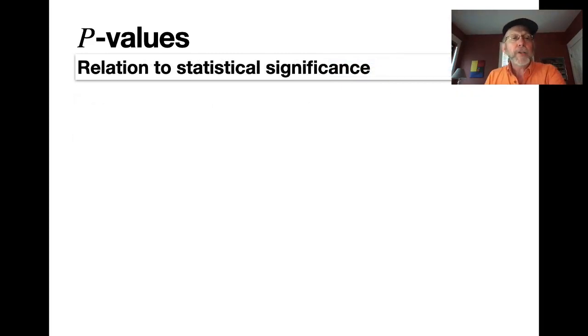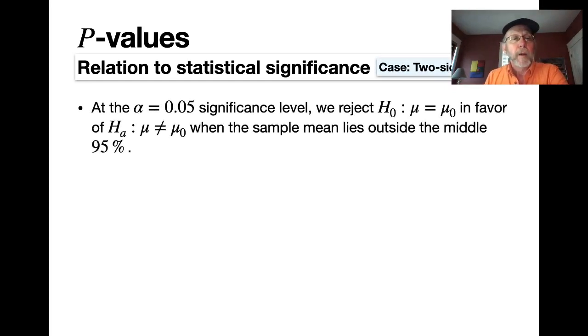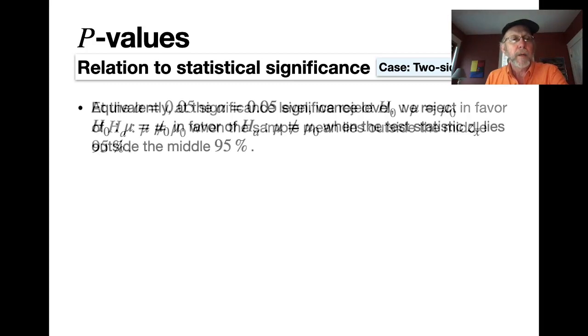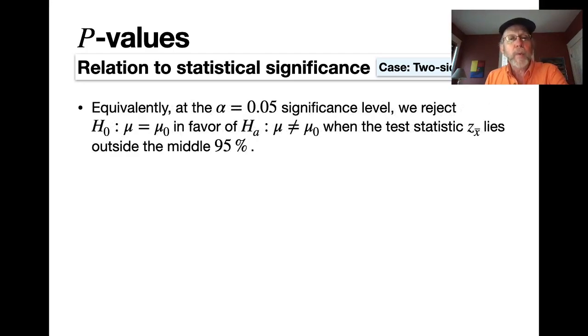These ideas have a relationship to statistical significance as well. Recall that at the, say, 5% significance level, we would reject the null hypothesis in favor of the two-sided alternative precisely when the sample mean lies outside the middle 95% of the sampling distribution. An equivalent way of saying this is that we would reject the null when the test statistic lies outside the middle 95% of the standard normal distribution.